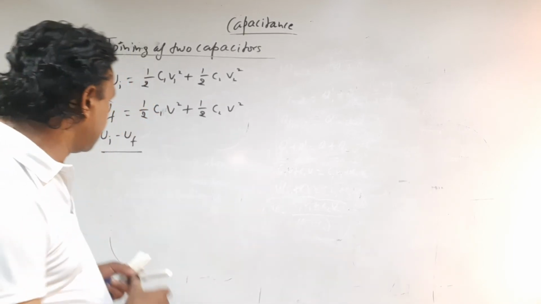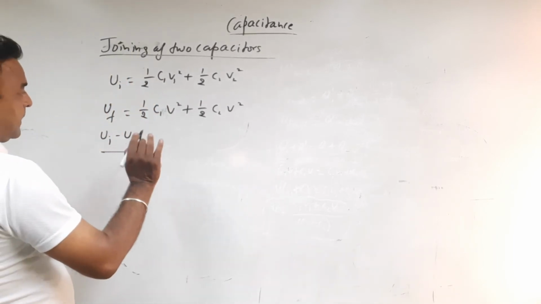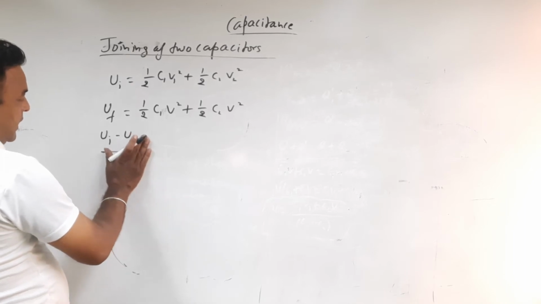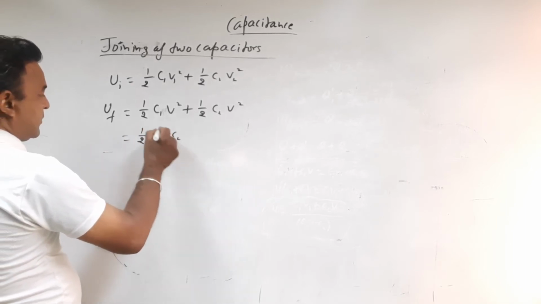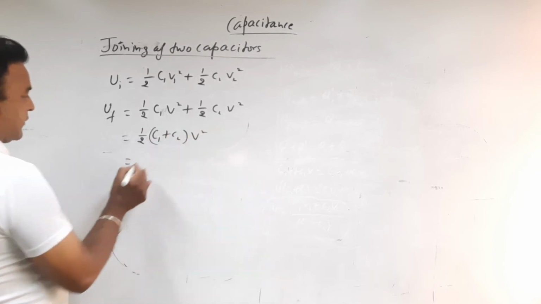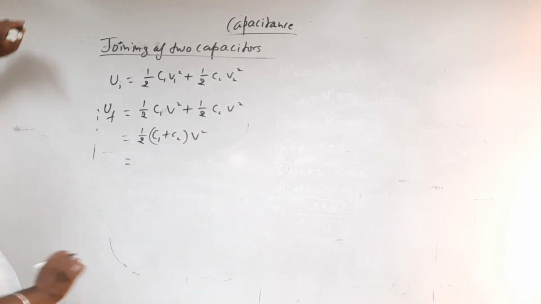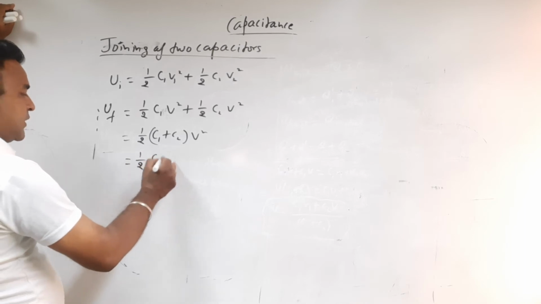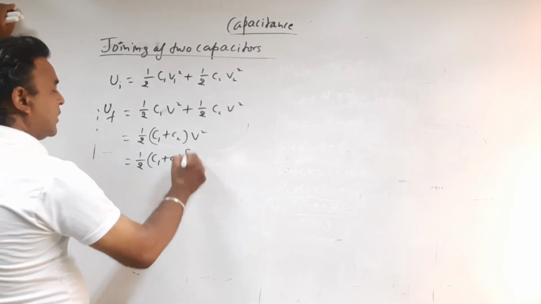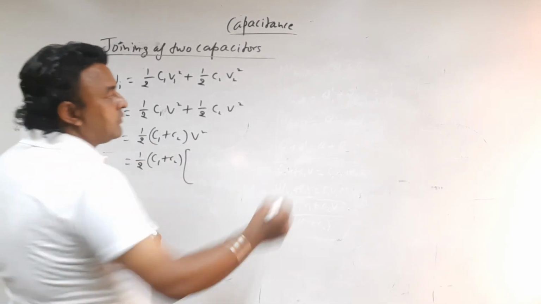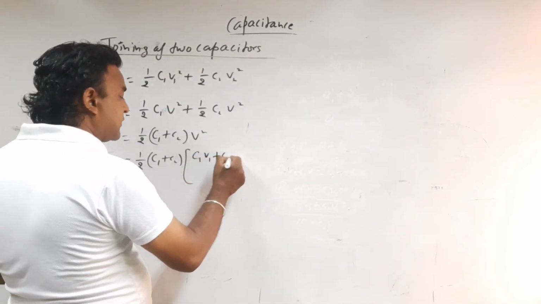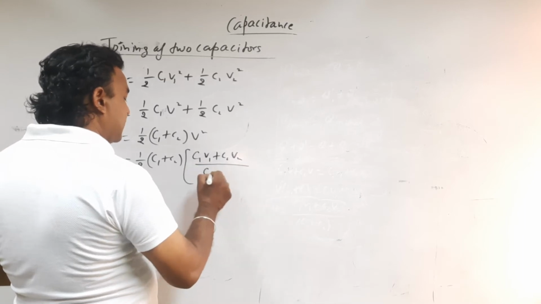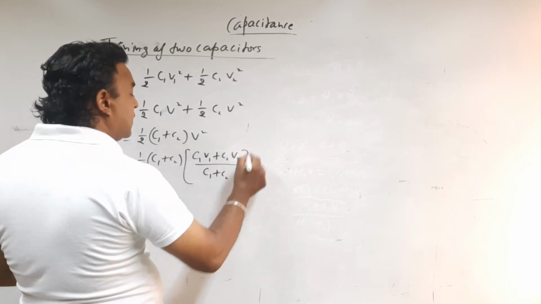So what I do here, first of all, I'll do 1 by 2 C1 plus C2 V square. First of all, I'll simplify Uf. Fine. 1 by 2 C1 plus C2, and what was the common potential? V was C1 V1 plus C2 V2 upon C1 plus C2, and whole square.